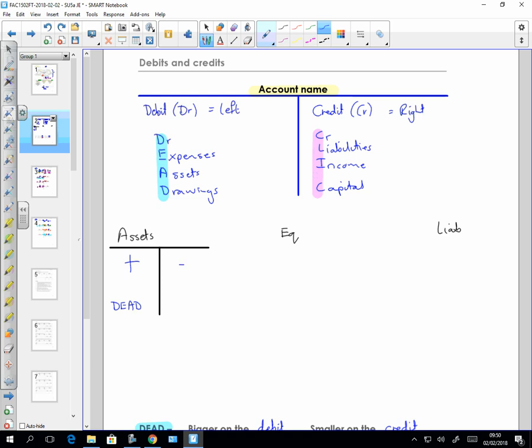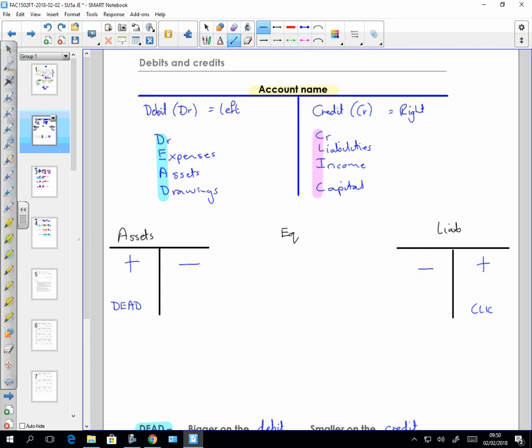We're going to debit the asset if we want it to get bigger and credit it if we want it to get smaller. Liabilities fall under CLIC, so we are going to credit liabilities, income, and capital to make them bigger and debit them to make them smaller. Just like I showed you now in the double entry.